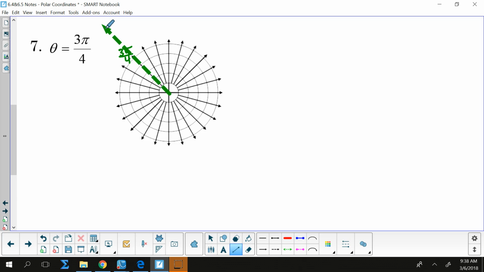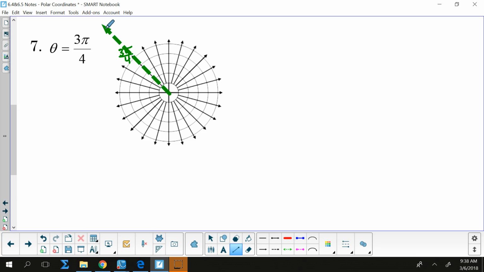Yes? Okay? In polar, I need an r and I need a theta. Right? I have the theta. Does it matter what the r is? No? Okay? So what we have graphed there is when r is positive, correct? Going in the direction of 3 pi over 4.